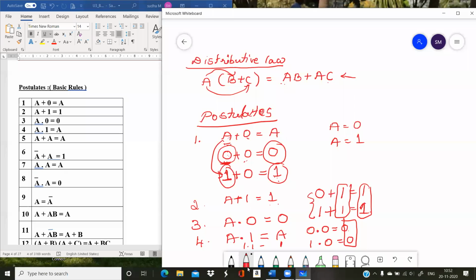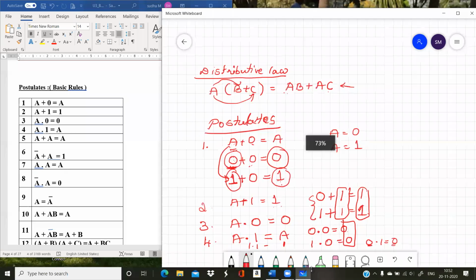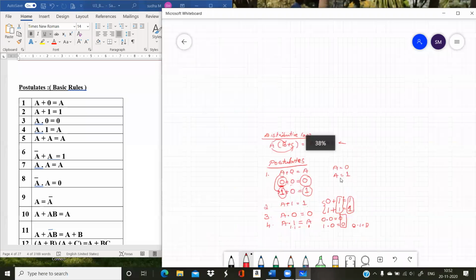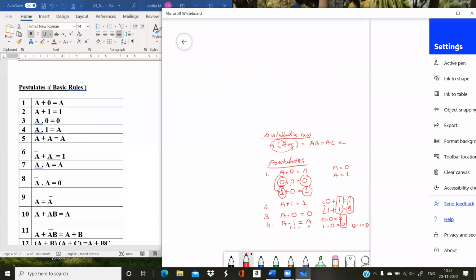If A is equal to 0, 0 dot 1 is equal to 0 only. So the output depends upon the A value. Therefore, A dot 1 is equal to A. This is how we can verify the rules by applying some values for the variables.